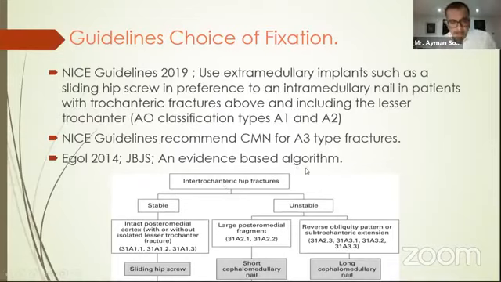So basically, for the A1 fractures, they use the DHS. For the A2 fractures, A21 and A22, they use a short cephalomedullary nail. And for everything else, A23 and A3s, they use a long cephalomedullary nail.